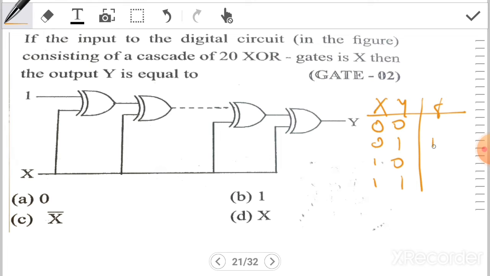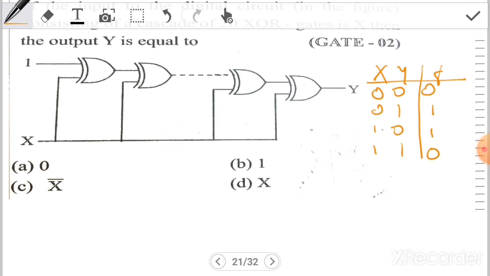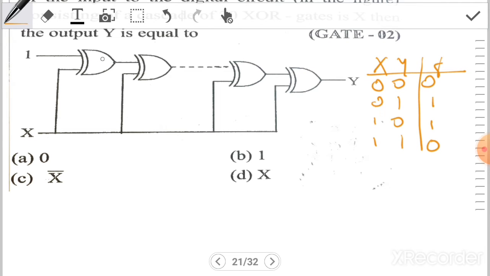It is 1 if the inputs are different, and 0 if the inputs are same. So for this XOR gate we have 1 and x.